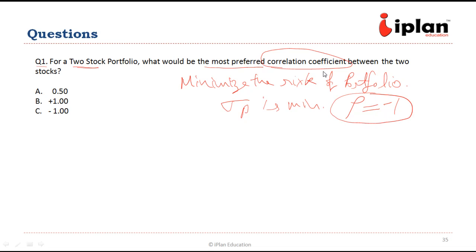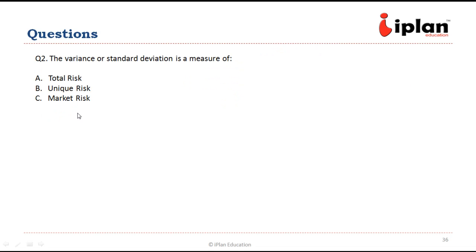So the correlation coefficient is -1. So C should be the right answer. Let us move to question number 2. It says the variance or the standard deviation is a measure of, the right answer is total risk. A is the right answer.